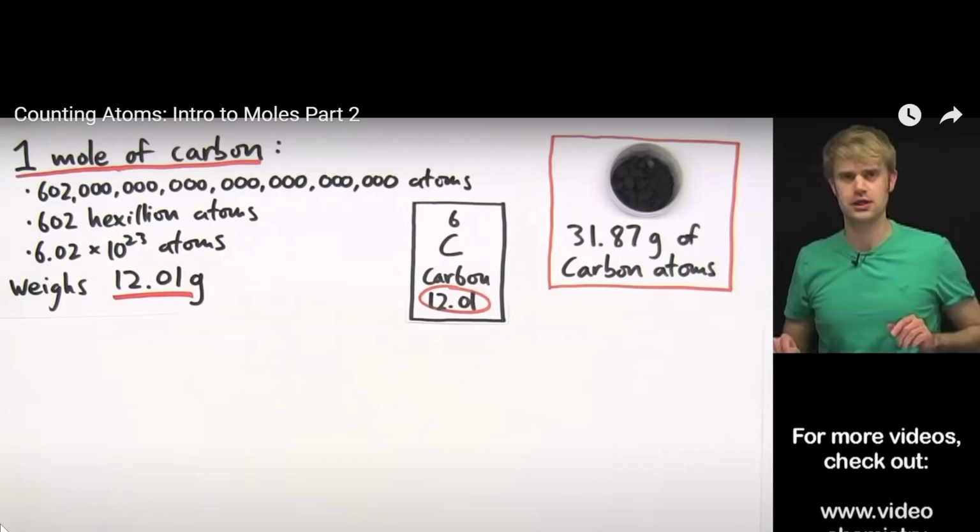And eventually, we're not going to tell you this anymore. We're going to say, look this up on the periodic table. So 1 mole of carbon atoms weighs 12.01 grams. Your grams cancel out.